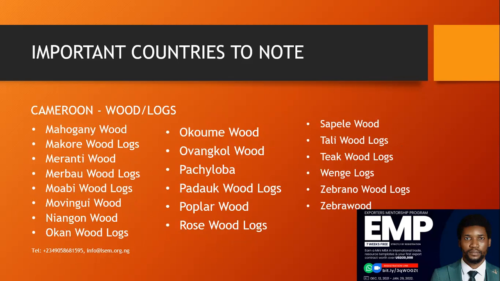Okan is a very popular wood. Also, there's paddock, poplar, rose. Those also are very popular woods. There's sapele, tali, teak, and zebra wood also. Those are very popular. These wood logs are usually bought in CBM, cubic meters, according to the specification that your importer is giving you, and they'll fall it.